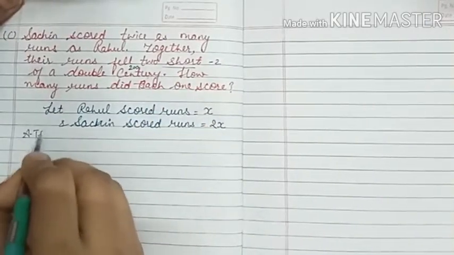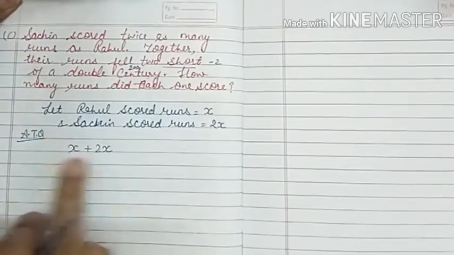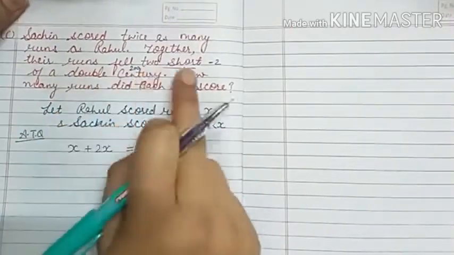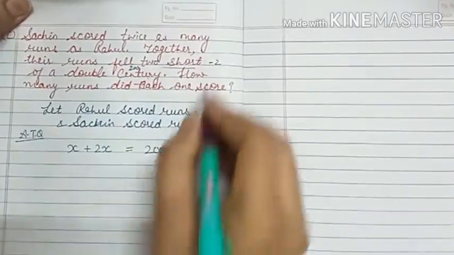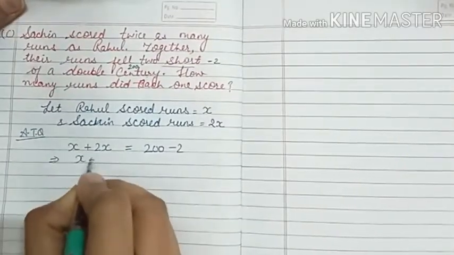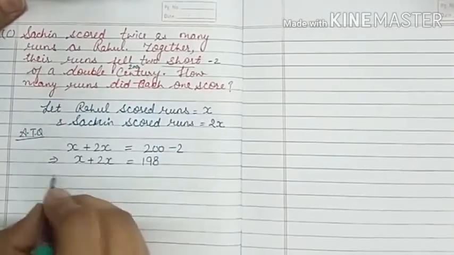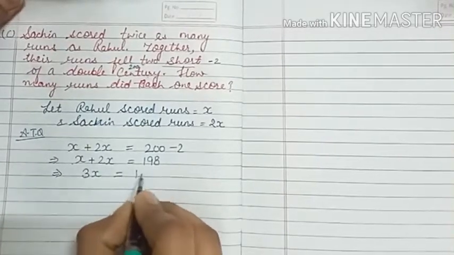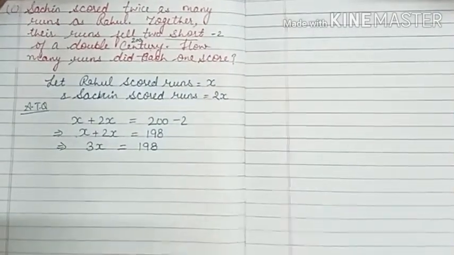So according to the question, the total of their runs, x and 2x, Rahul's score and Sachin's score, together fell two short of a double century. So double century means 200 runs and two short means -2. Therefore x plus 2x equal to 198, or you can write 3x equal to 198. This is our required equation.